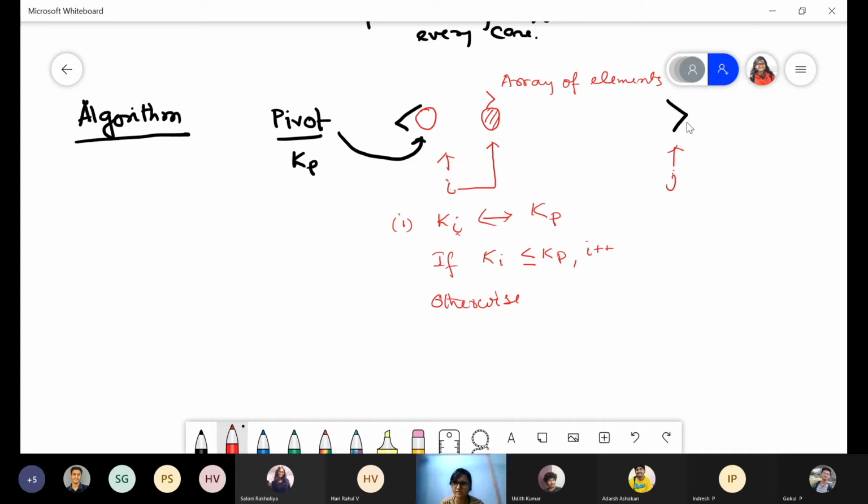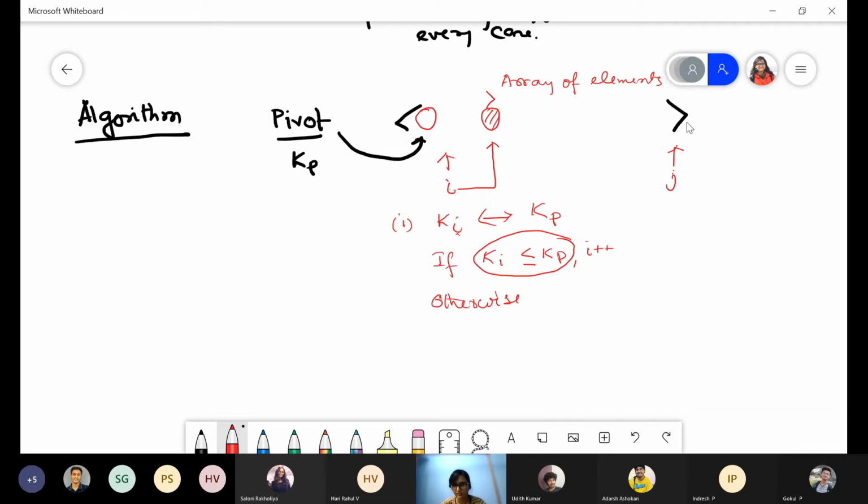Whatever is under J, that is Kj, has to be greater than Kp. When we find something not matching this condition, we check whether there is something under this J which is also not matching its condition.